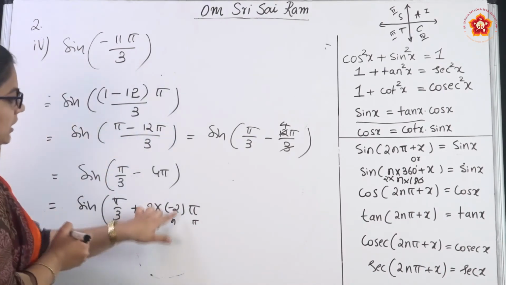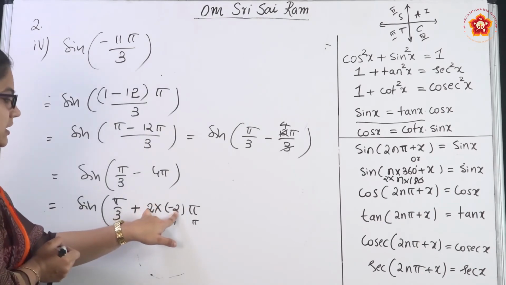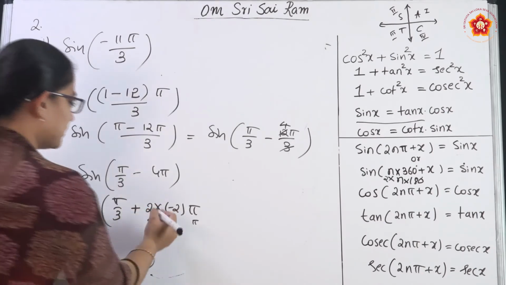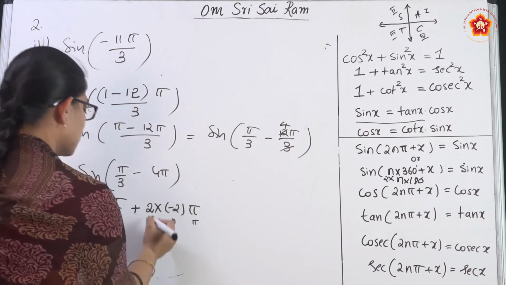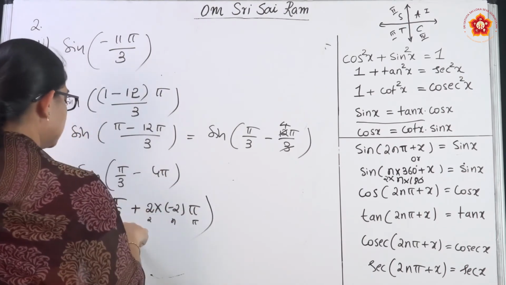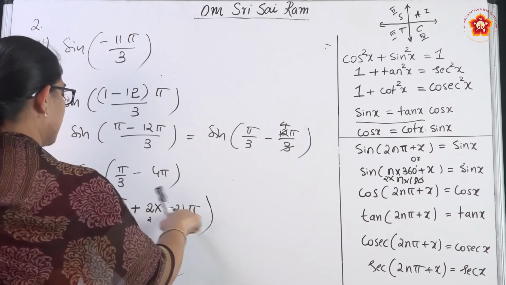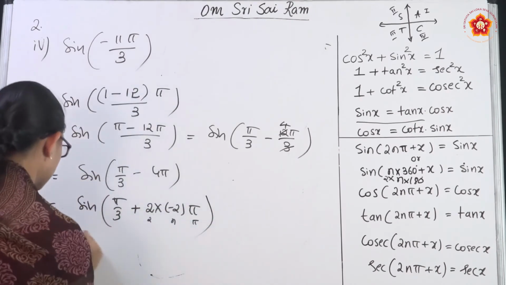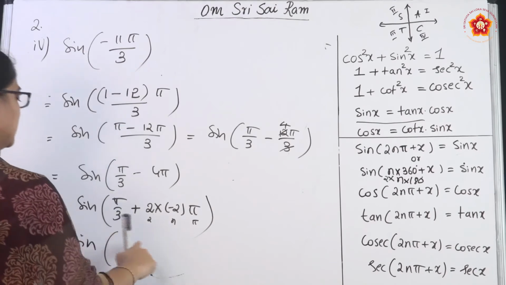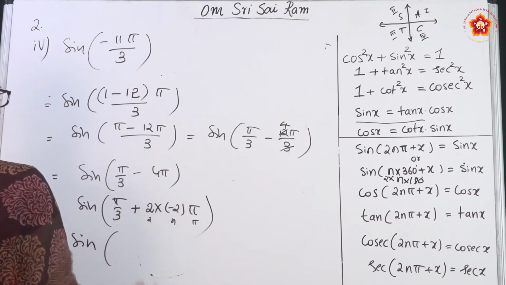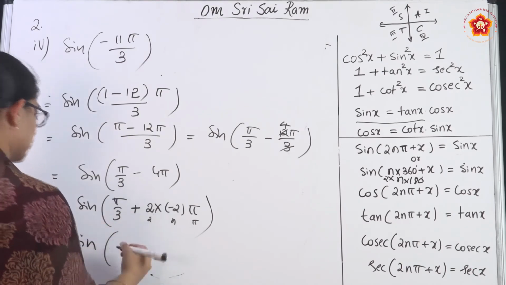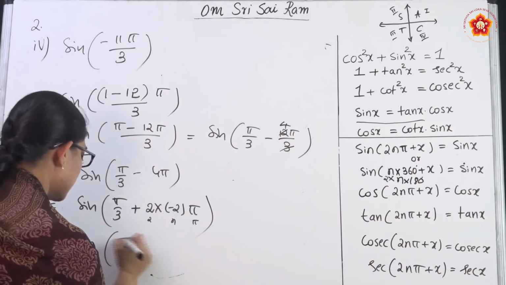This n must be any integer. We know that minus 2 is an integer, so we can write minus 4 as 2 into minus 2. So we have pi by 3 plus 2 into minus 2 into pi, and 2n pi plus x is nothing but sine x. So we can write that as sine pi by 3.